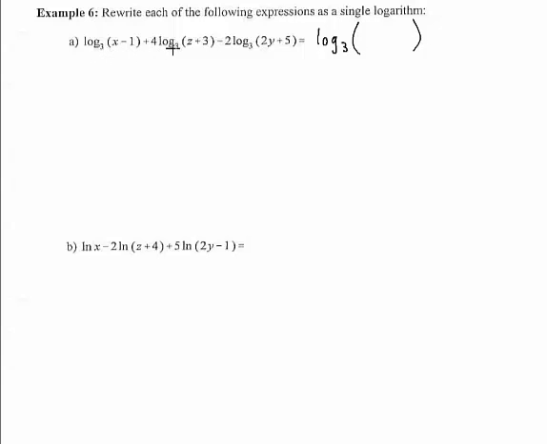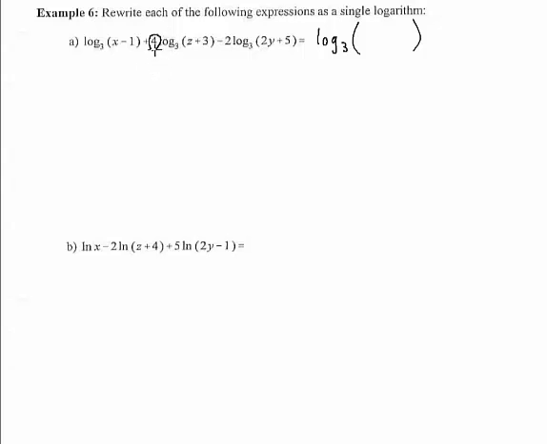Now, the first two log expressions are being added. But first what we need to do is take care of this 4 that sits in front of the second log expression.